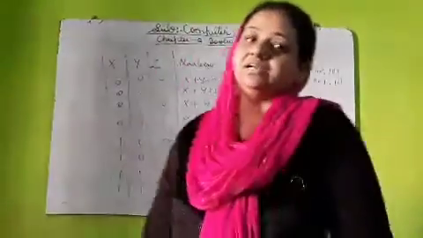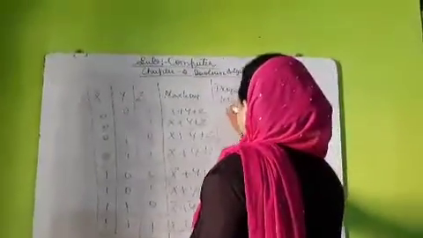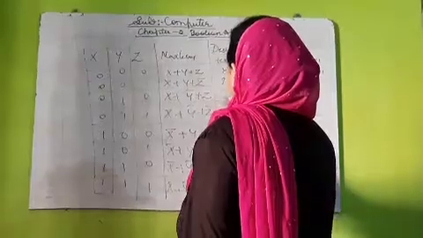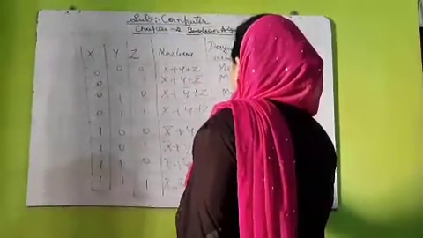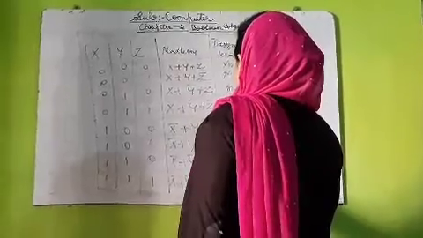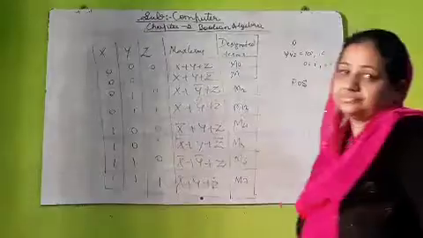So now let us write the designated terms, that is M0, M1, M2, M3, M4, M5, M6 and M7.